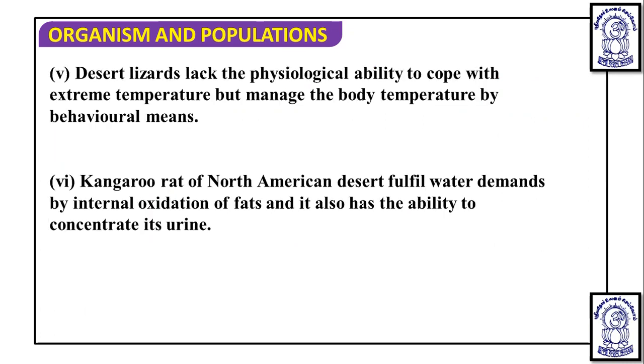Now the third adaptation: some organisms, like the desert lizard, lack the physiological ability to cope with extreme temperature but manage their body temperature by behavioral means. The desert lizard basks in the sun and absorbs heat when its body temperature drops below the comfort zone.